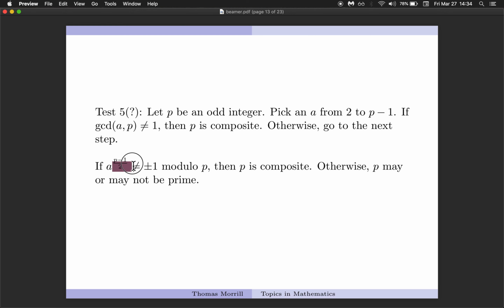Now, if I follow this formula and I do get 1 mod p, p might be prime as far as a is concerned, but there could also be some composite numbers that satisfy this congruence, kind of like we saw with the test from the previous lecture.